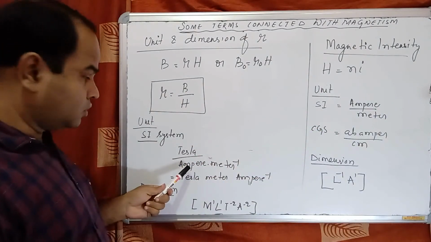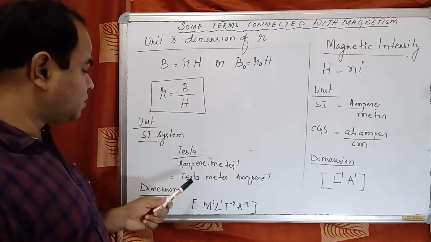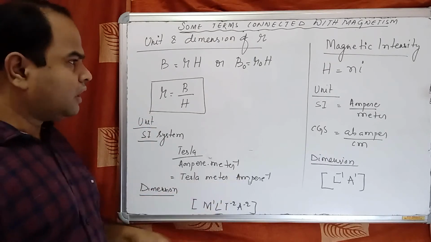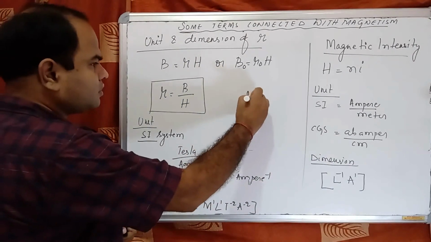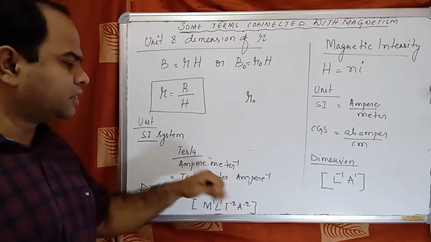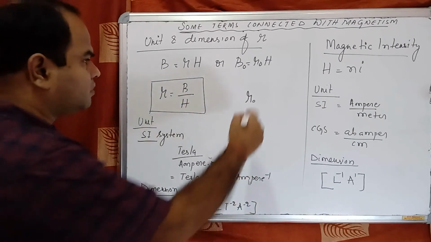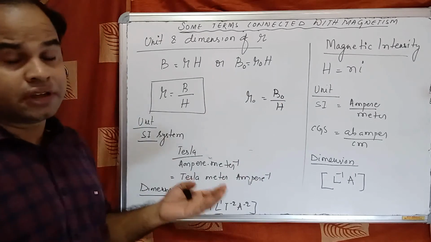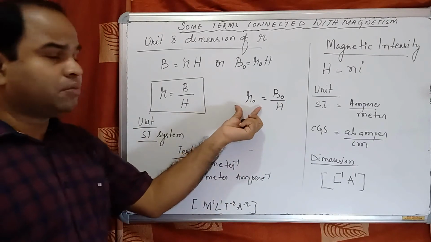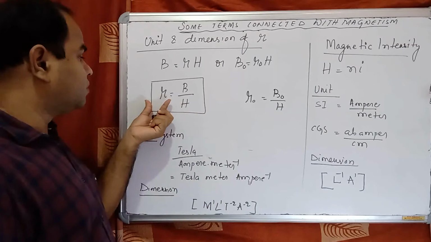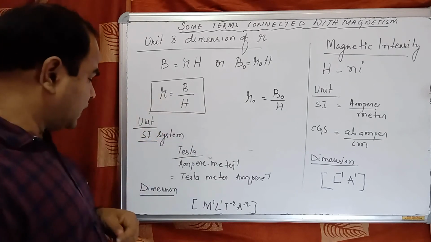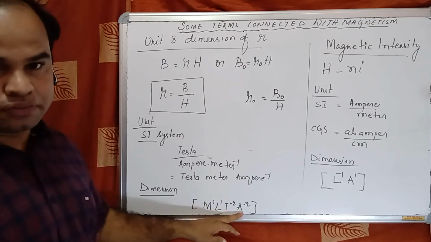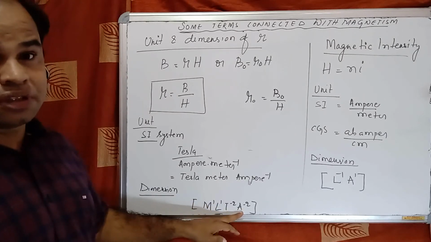So the unit of mu is Tesla meter ampere inverse, and mu naught is the same, Tesla meter ampere inverse, because both are the same. This is the permeability of air medium, this is the permeability of any medium. And the dimension is M1 L1 T minus 2 A minus 2. Unit and dimension come in the exam.